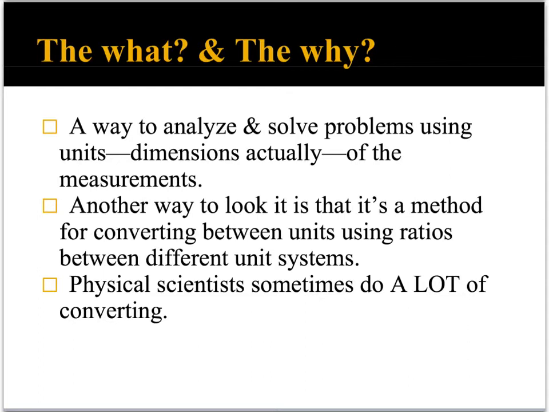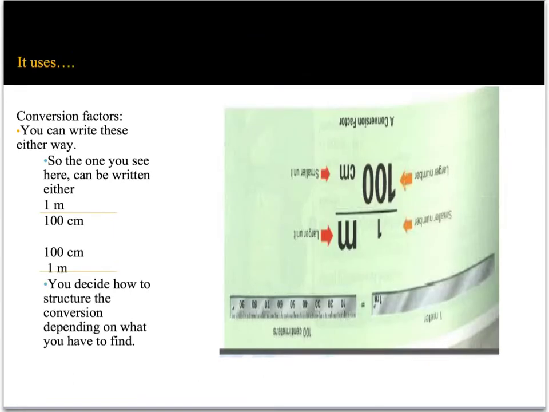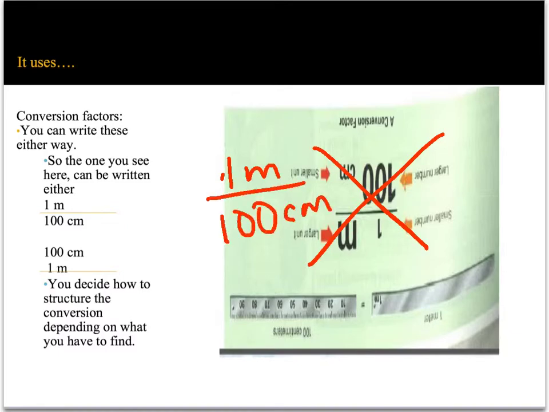Things along those lines. As I mentioned in the last slide, dimensional analysis uses conversion factors, and basically conversion factors are written as ratios. Now I know that this example shown here looks a little confusing right now because it didn't copy over to the app the way it is in your note packet. But basically what this says is that 1 meter is equivalent to 100 centimeters.